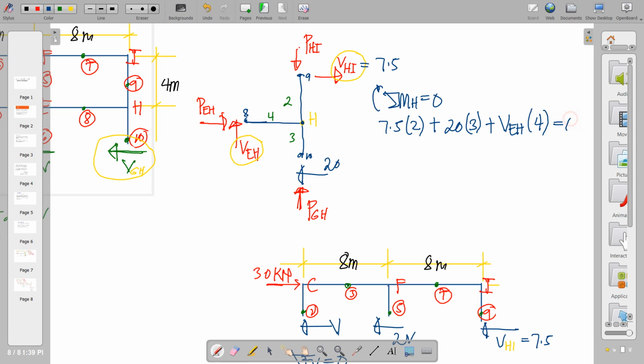So this is equal to 0. So VEH is equal to negative 18.75 kilonewton.